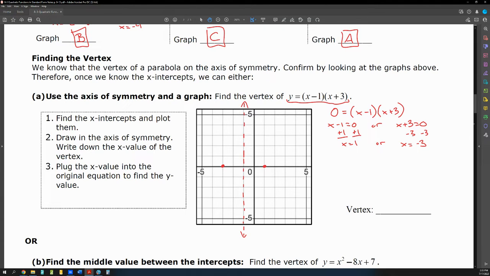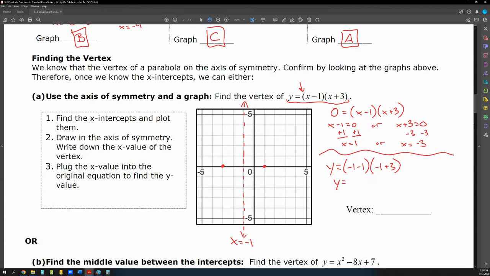So our axis of symmetry is x is equal to negative 1. Now let's go ahead and plug in that x value into the original equation. So y is equal to, now plugging in negative 1 for x, we get negative 1 minus 1 times negative 1 plus 3.